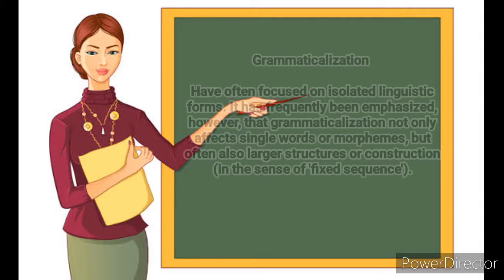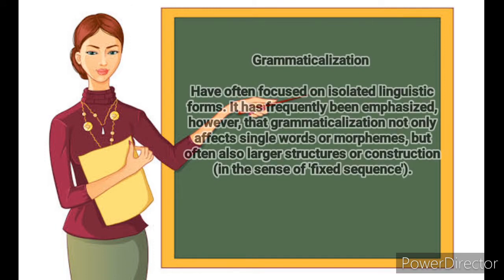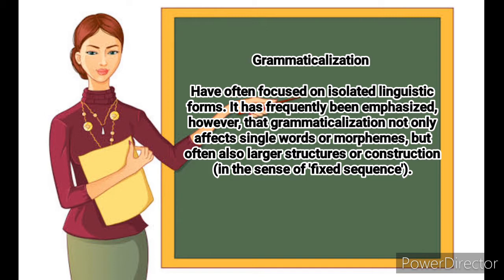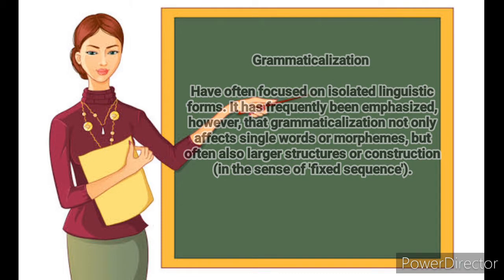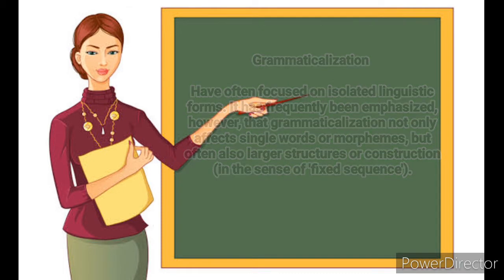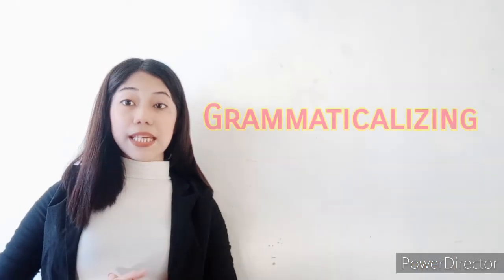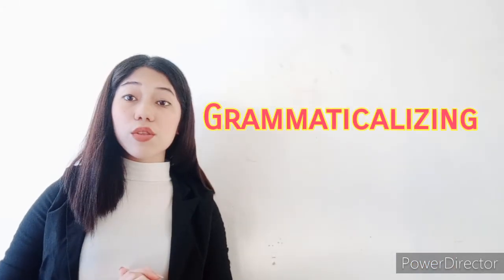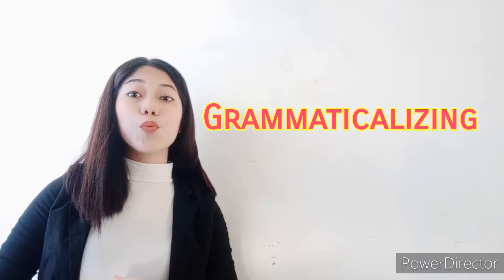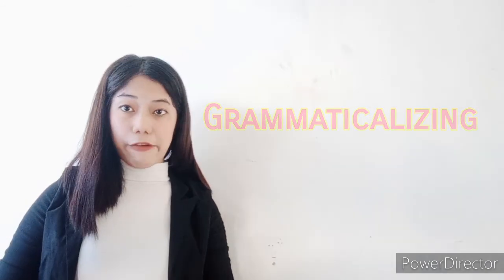Studies on grammaticalization have often focused on isolated linguistic forms. It has frequently been emphasized, however, that grammaticalization not only affects single words or morphemes, but often also larger structures or constructions. Grammaticalizing is to change a content word into a function word or grammatical affix.